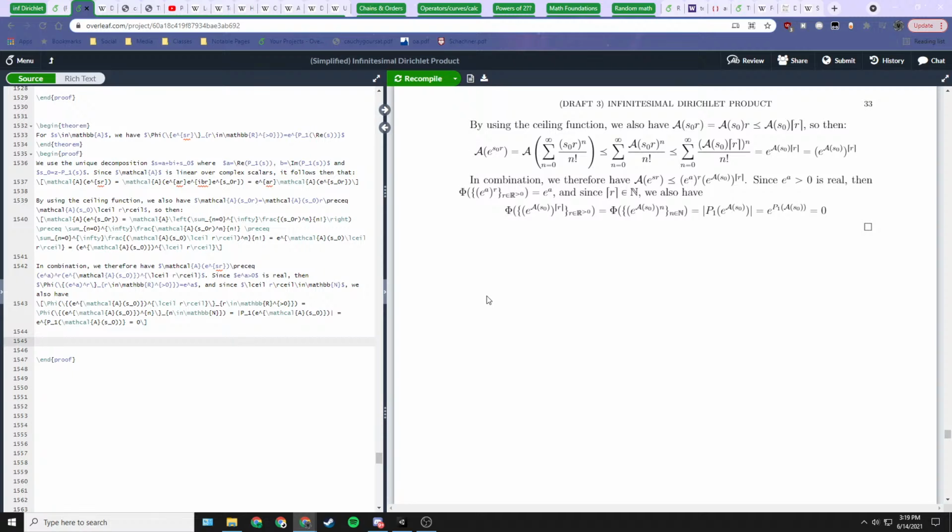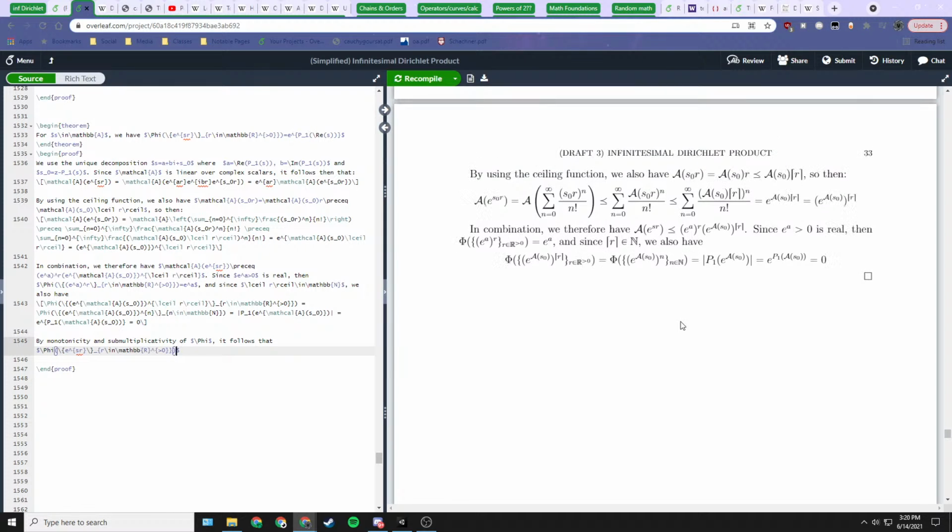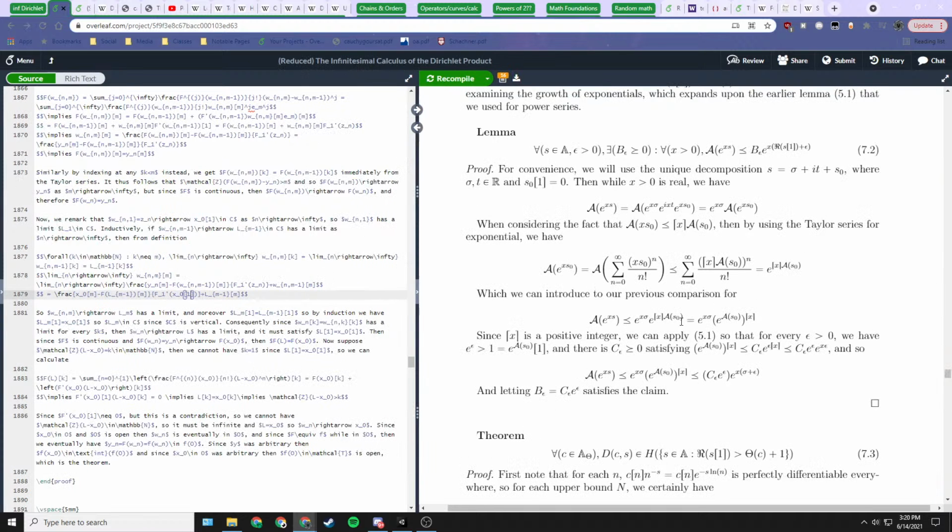Okay, and then I think that's it. So by submultiplicativity of phi, it follows, actually by monotonicity and submultiplicativity of phi, it follows that phi of this, e to the s r indexed by r and real positive, is, less than or equal to, actually, is what we get.